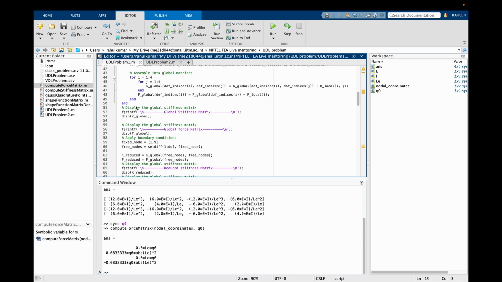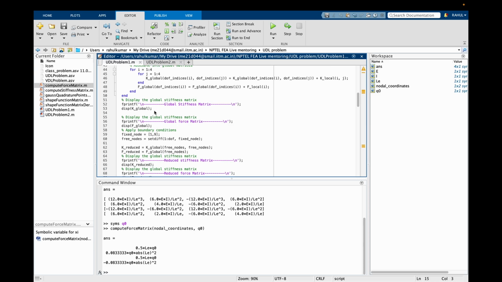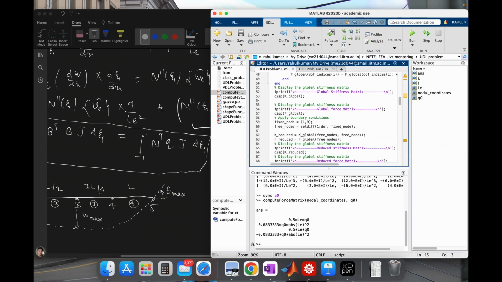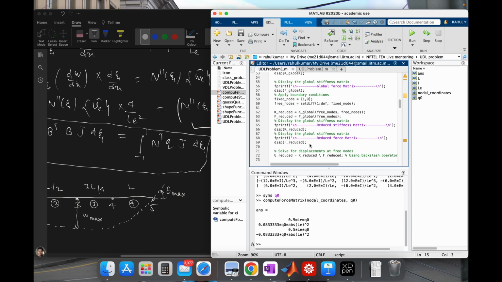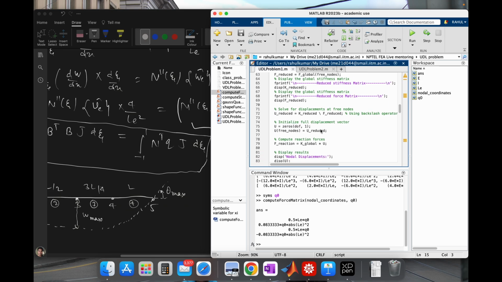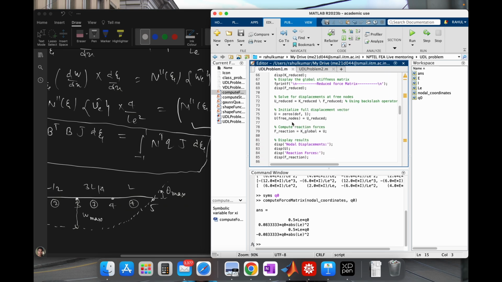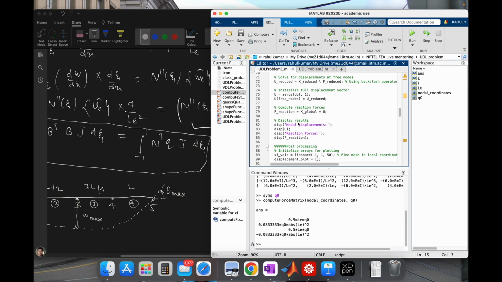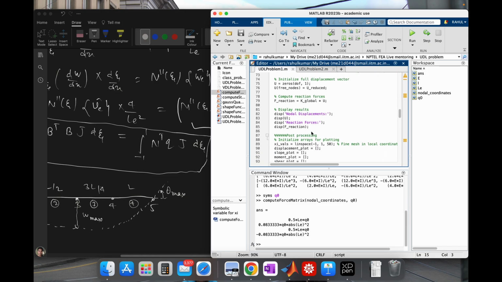After running this code we will display K global and F global, and now we need to fix the node, because we already know that we need to find K reduced and F reduced, and then we will get U reduced by K inverse F. Then at the place of free nodes we will substitute Q reduced, and then we will find F reaction and print the nodal displacements and reaction forces.